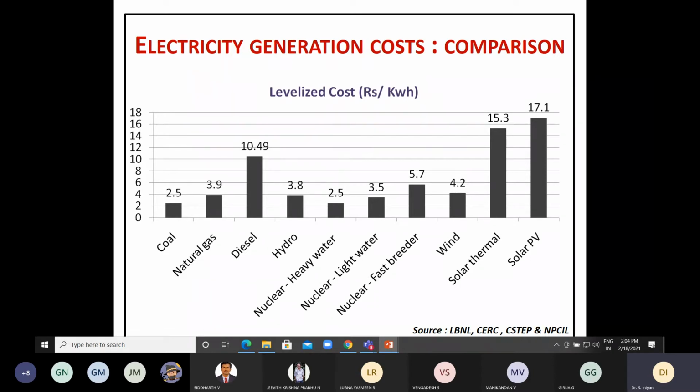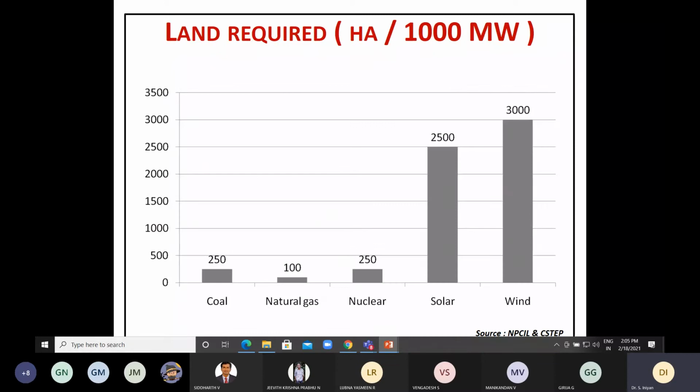And here the land requirement in hectares, if you are going to generate 1,000 megawatt, right? How many hectares are required for generating 1,000 megawatt? So here your x-axis shows the renewable and non-renewable energy sources, and your y-axis shows the land area required in hectares. For coal, operating a coal power plant takes only 250 HA, right?